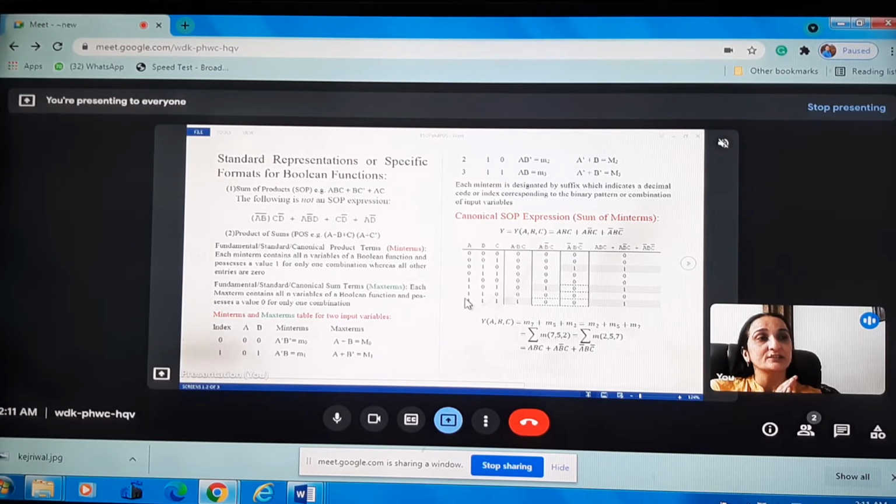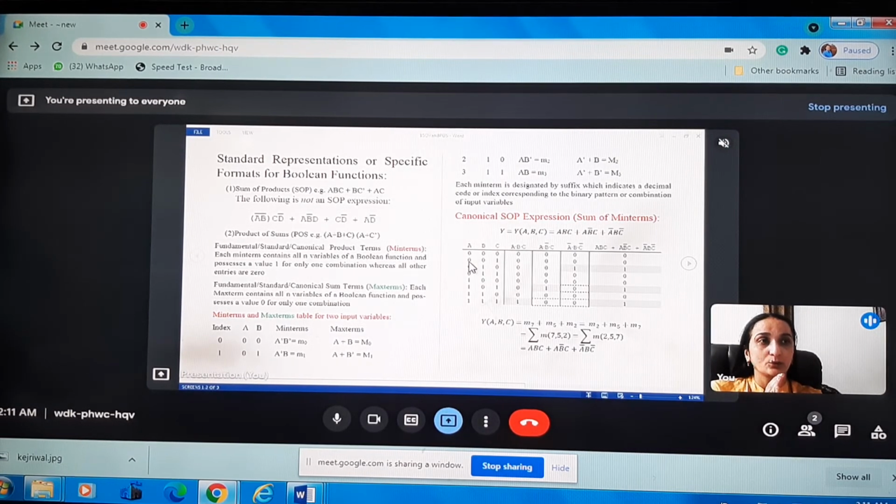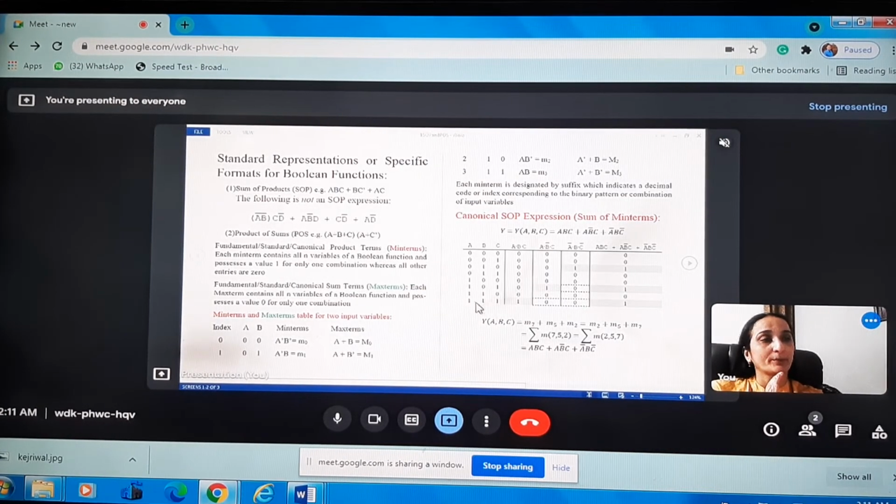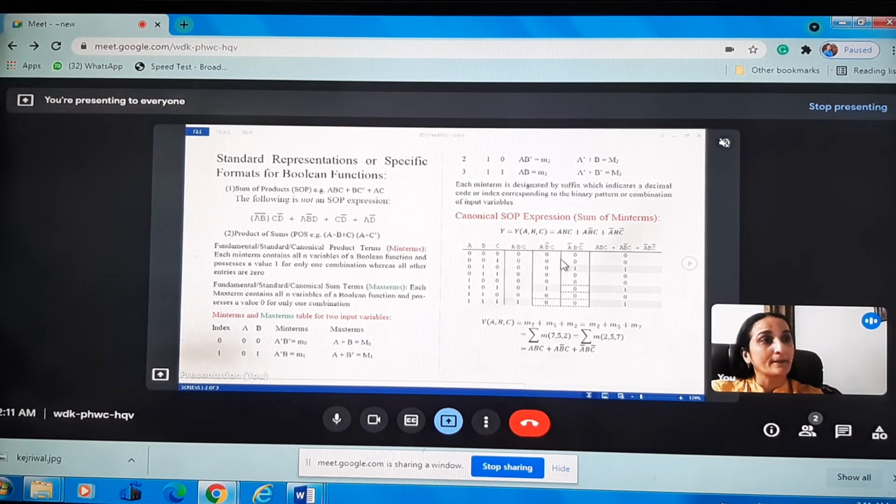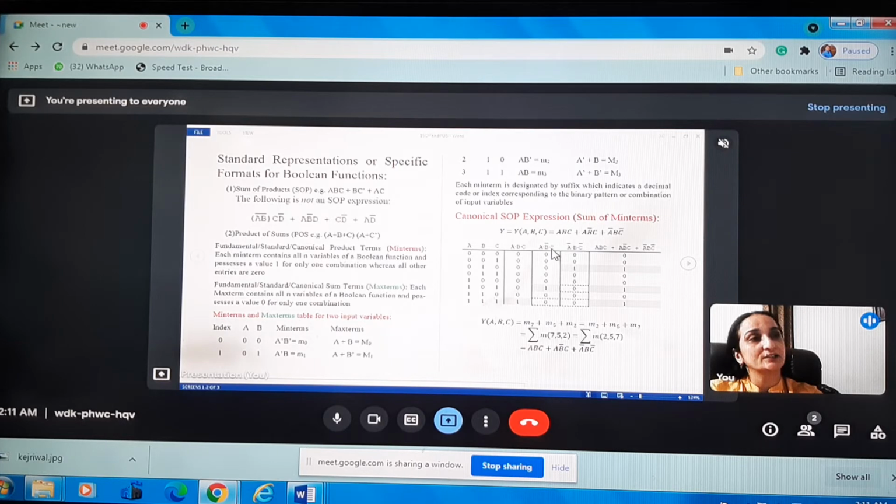So for the last row, which corresponds to decimal code 7 (0, 1, 2, 3, 4, 5, 6, 7), this product term is 1 only for one combination, for one row, that is this last row. Okay, now we will examine the next product term, A, B bar, C. It is 1 when A is 1, B bar is 1, C is 1.